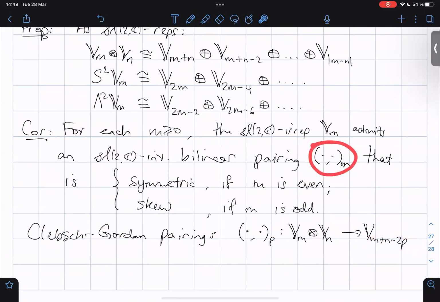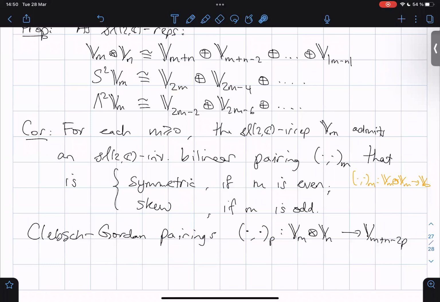So basically I could view this as a map from V_M tensor V_M to V_0, which is what a bilinear form is. This is the trivial representation, the one-dimensional one.